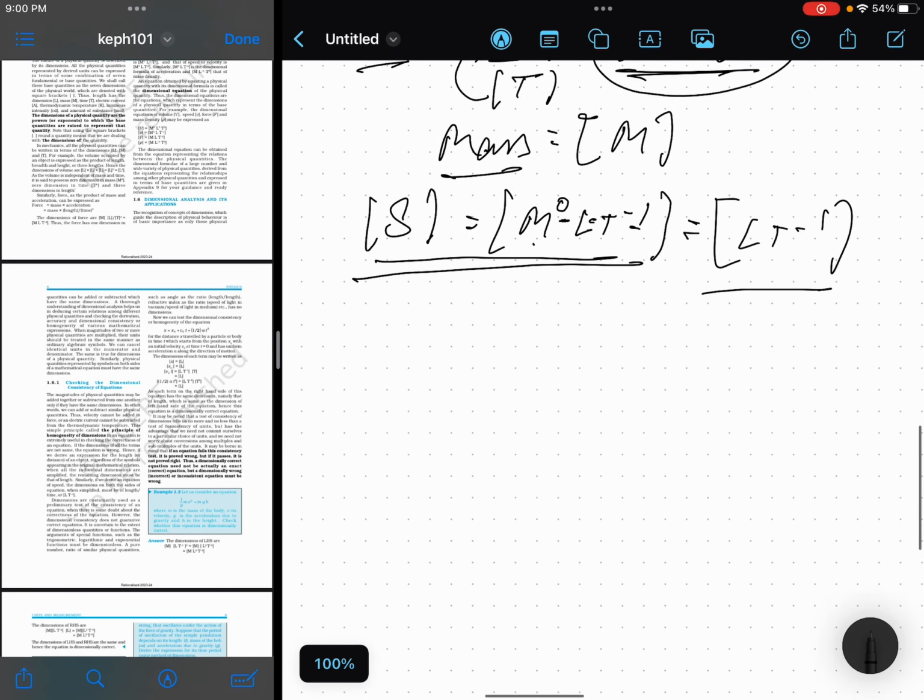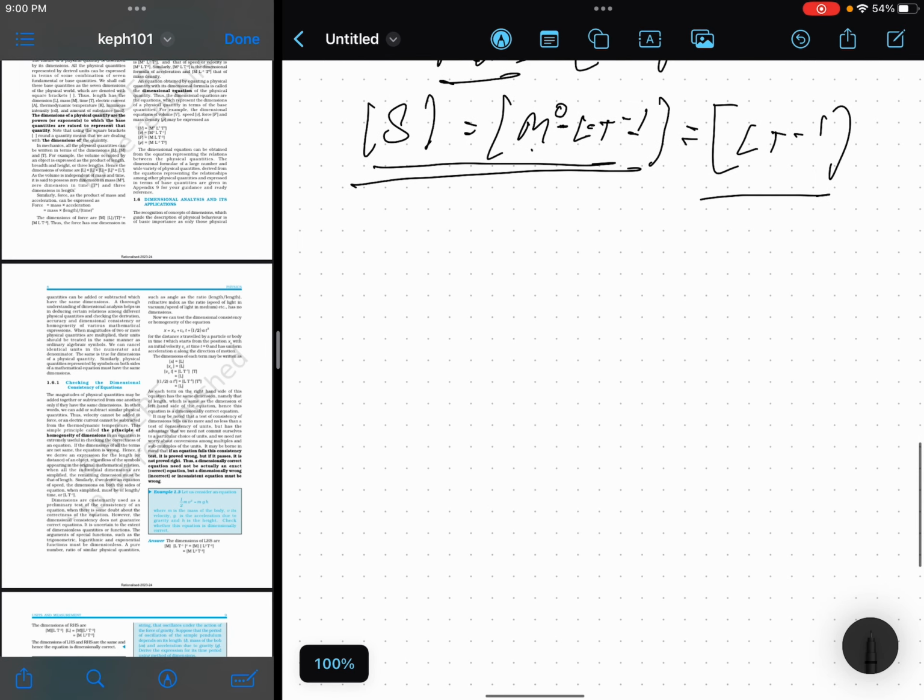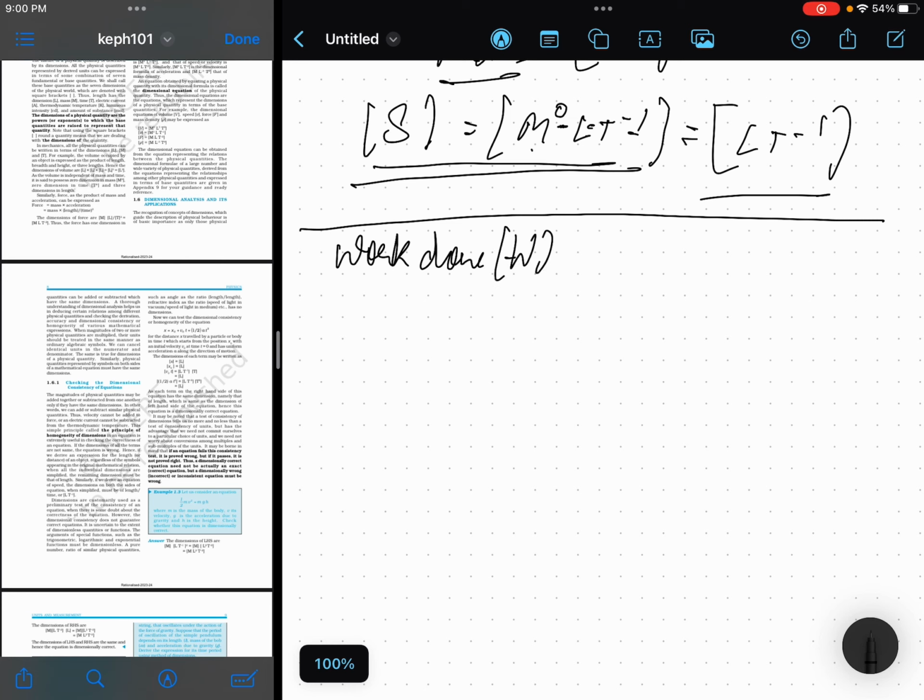If I try to give you one more example, let's take the example of work done. We are representing work done by capital letter W. The formula for work done is force multiplied by displacement or distance.